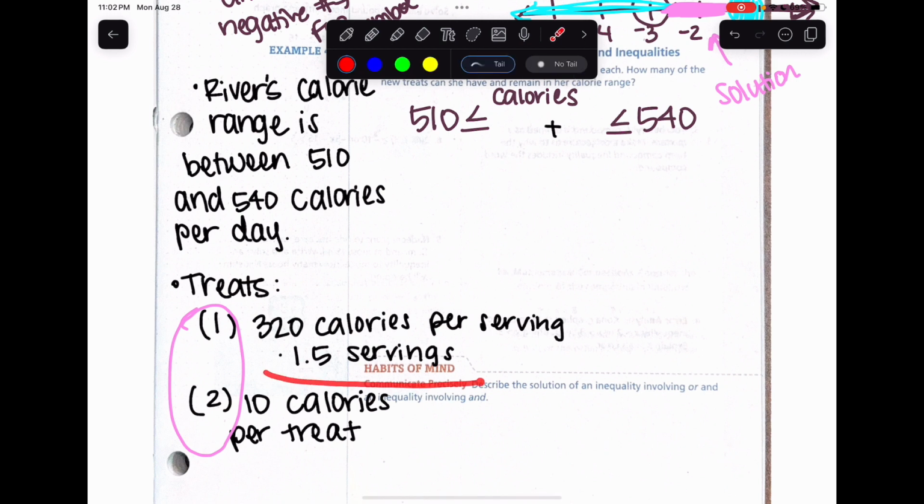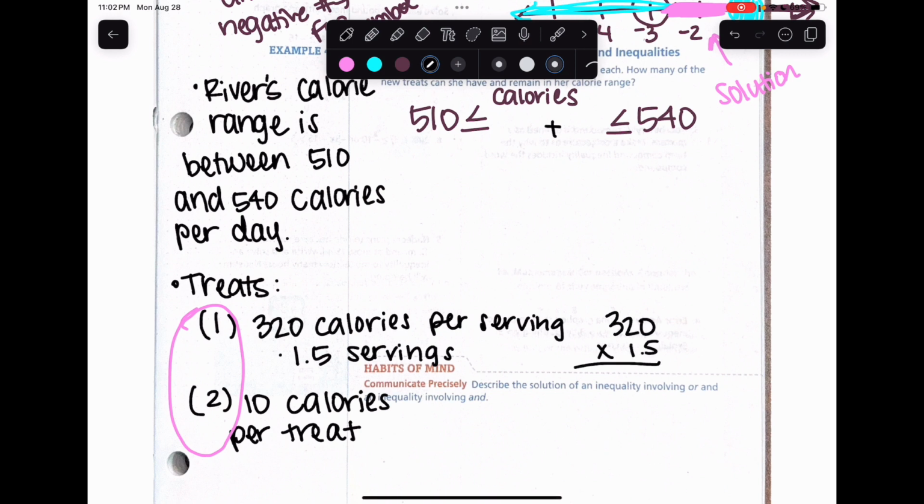So she had 320 calories per serving, and she's getting 1.5 servings of that. So we need to do some quick math here. We need to do 320 times 1.5. Okay, to figure out what's coming from this first treat. And I'll put this here. So treat 1 versus treat 2. Okay, that's what we're adding together.